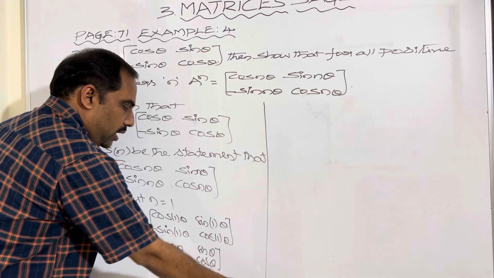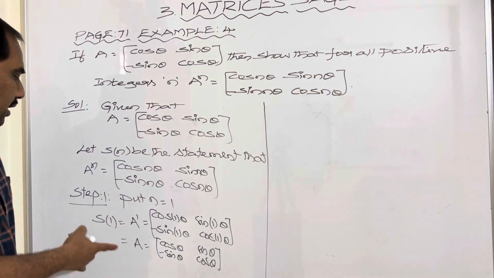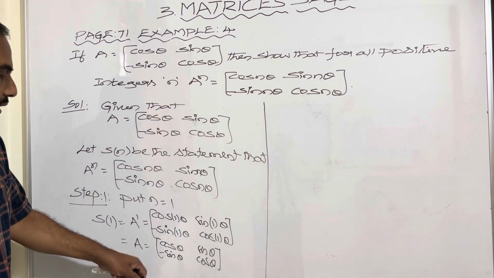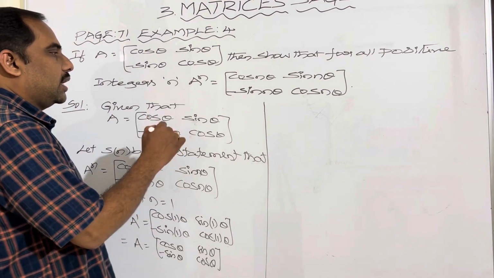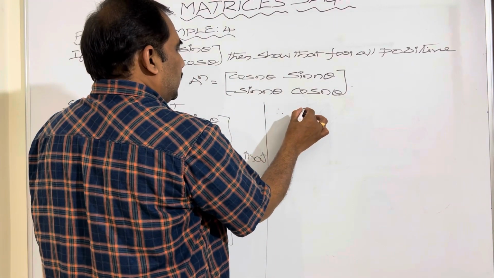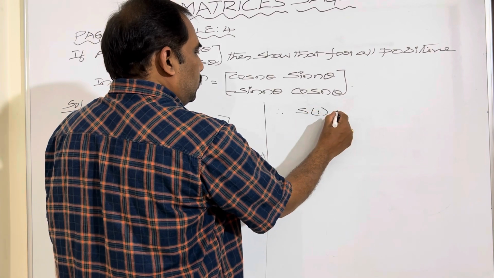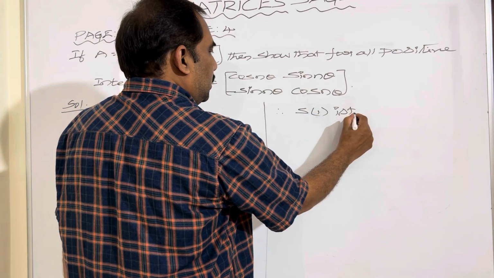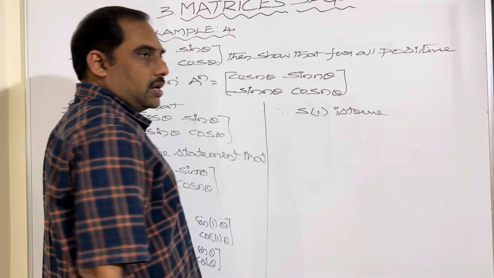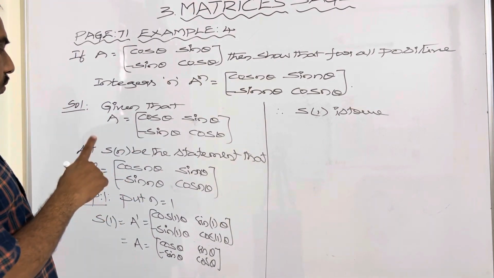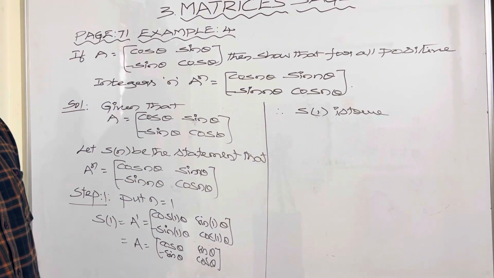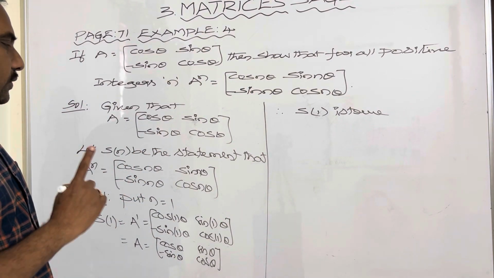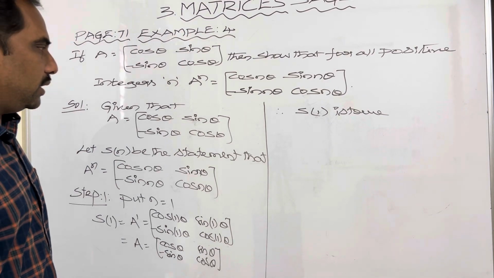So in step 1, after taking n is equal to 1, we get the same matrix. Now we can say that S of 1 is true. It means that the given statement is true for n is equal to 1.